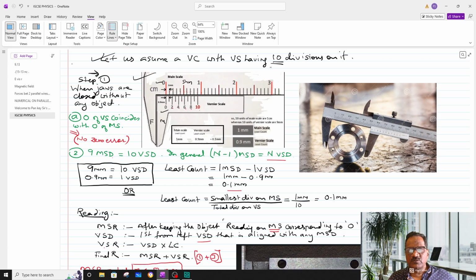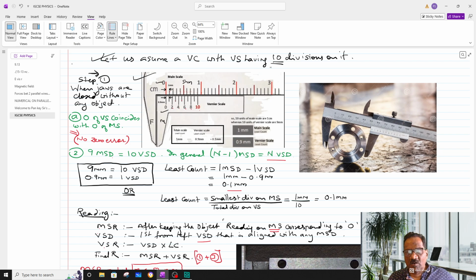Now suppose you want to find out the diameter. Can you see, this is a ring, and the ring is placed between these two jaws of the vernier caliper, and this will give you something called external diameter.